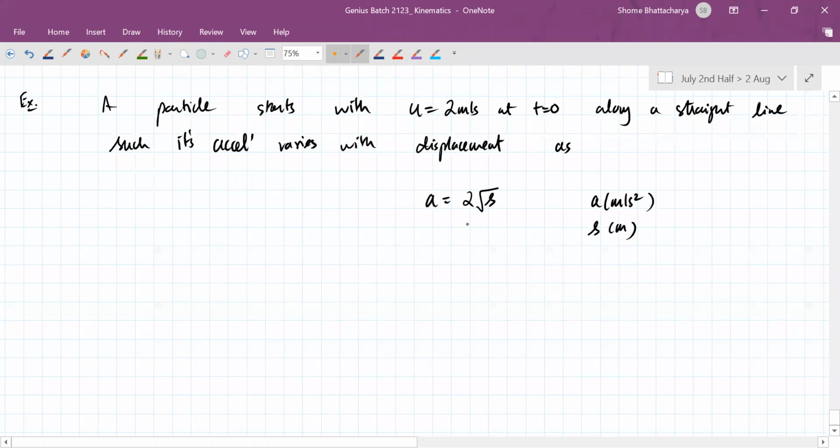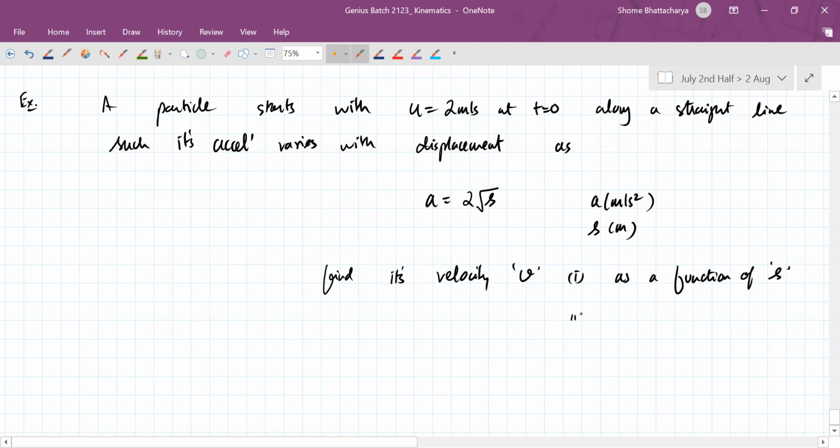Obviously the quantity 2 here has some unit. It has the unit of acceleration divided by square root of displacement. It's a physical constant, not just a numerical constant. Anyway, what we want to do is find its velocity v as a function of the displacement s.